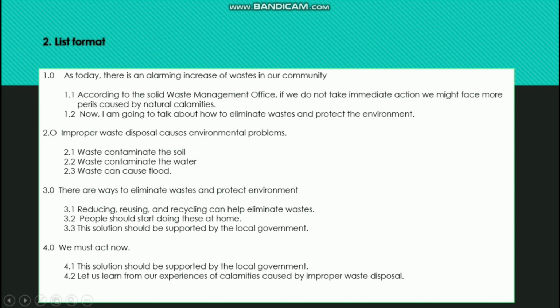As you can see in number 1, it has the introduction of the speech, which is composed of the problem of the community, and number 2 on what will cause the improper waste disposal to the environmental problems, and number 3 the solution to eliminate the waste and protect the environment, and number 4 to act on the problem or to take action, and this action must be supported by the local government.